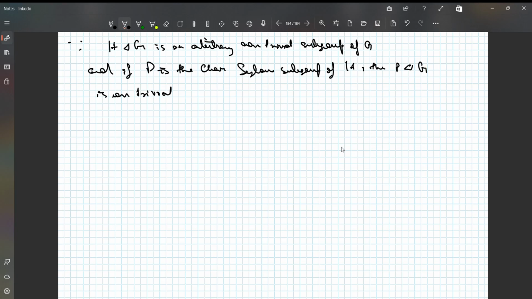So we can replace H with any of these P's, right? We can replace H with these characteristic Sylow subgroups, because since H is an arbitrary non-trivial subgroup, we can assume any existing non-trivial subgroup to be H.